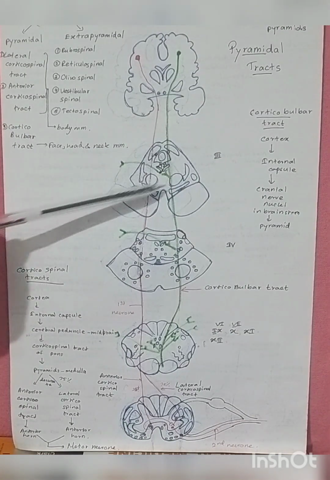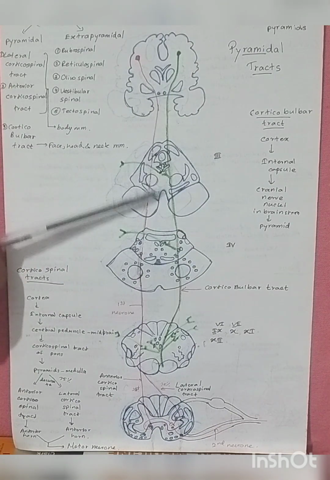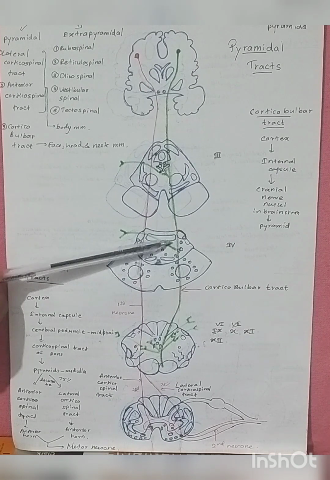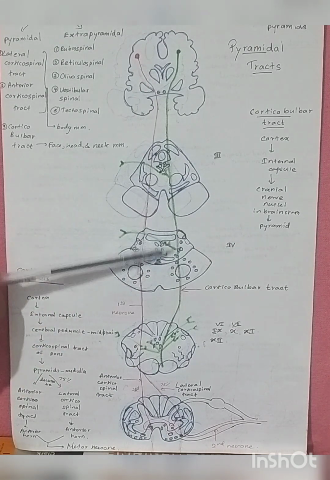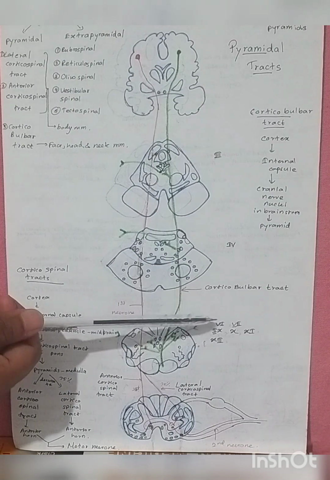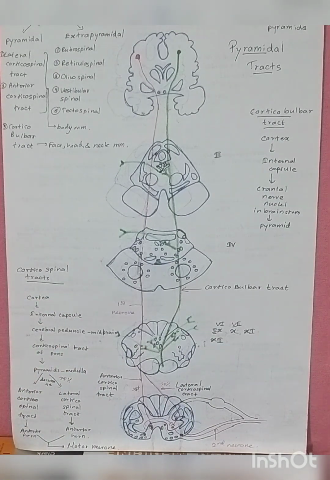So in the midbrain it gives nerve fibers to the third cranial nerve nuclei, and then in the pons it gives nerve fibers to the fourth cranial nerve nuclei, and in the medulla oblongata, in different levels, it gives nerve fibers to each nuclei which are situated in the medulla oblongata. So those are the 6th, 7th, 9th, 10th, 11th, and the 12th cranial nerve nuclei, and this tract ends at the pyramids of the medulla oblongata.